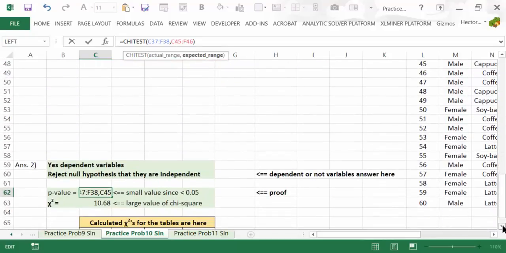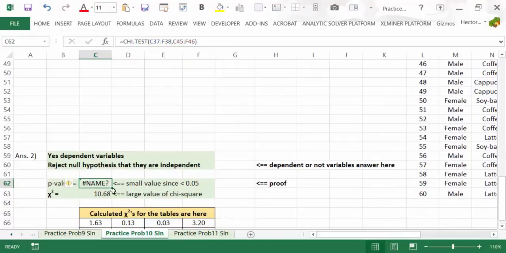Notice the p-value that we've gotten here is 0.013591. This is a smaller value than 0.05, so our rule holds as it did before in hypothesis testing. If we get a p-value that is smaller than the alpha value, then we can reject a null hypothesis that the variables are independent of one another in favor that there is a dependency.